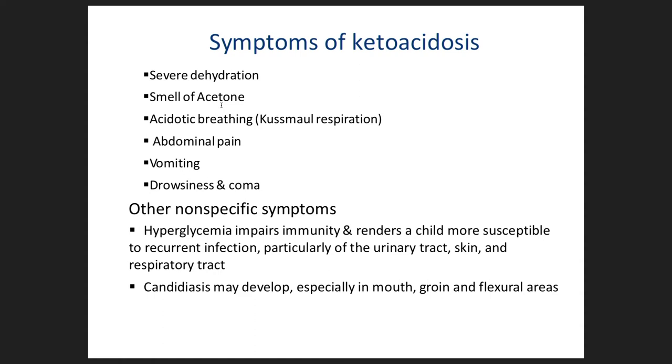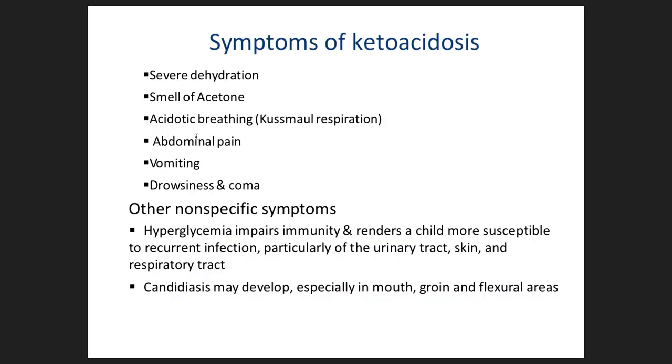Because the body could not utilize glucose for energy production, so the body starts to break down fatty acids to produce acetone, because acetone is the second source of energy. The patient will have a smell of acetone, and ketone body formation leads to metabolic acidosis. So in ketoacidosis, there is a triad of hyperglycemia, ketone formation, and metabolic acidosis.